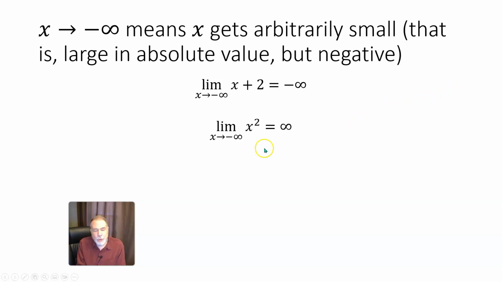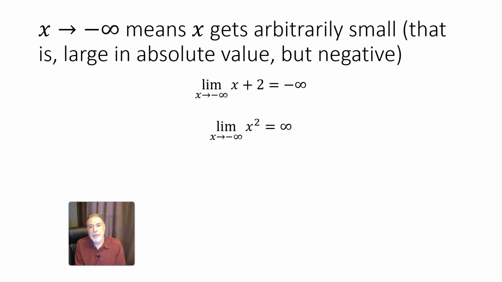The limit as x approaches negative infinity of x squared would be positive infinity. Remember, if x itself is a negative number, x squared is going to be positive. And the bigger x is in absolute value, the bigger x squared is. So like if x is negative 1,000, x squared is positive 1,000,000.